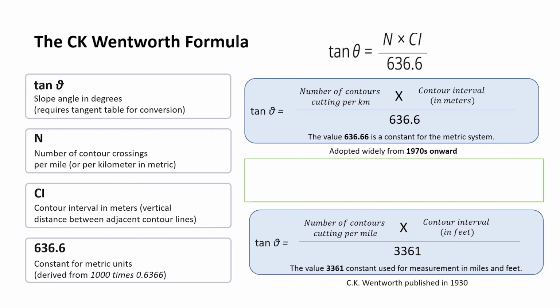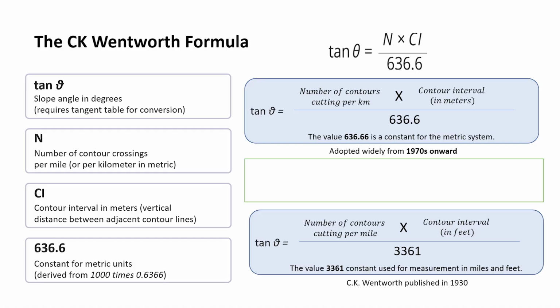Now that we have seen what grids do, let us see what Wentworth's formula is. Here the actual formula is slightly different depending on the values that are used in your topo sheet. If you are using the metric system, that is, if you are using kilometers and meters, then there is a slight difference with the constant that is employed.